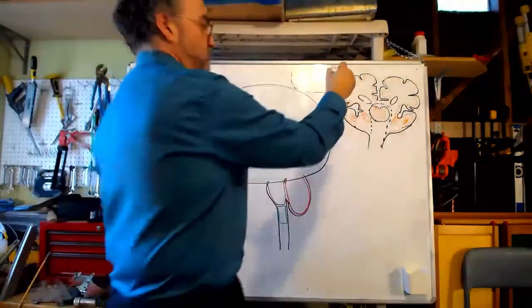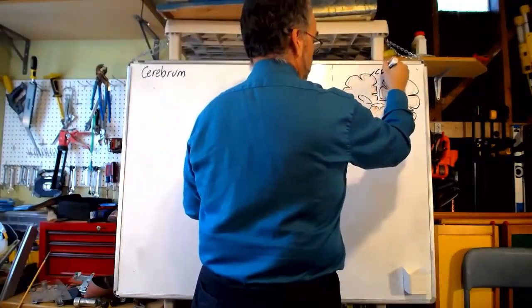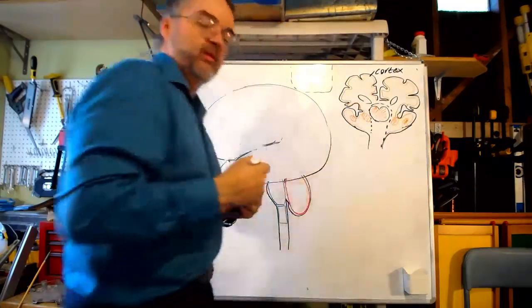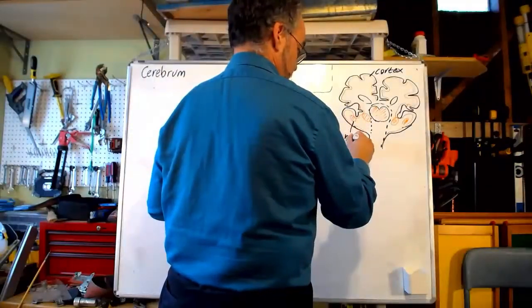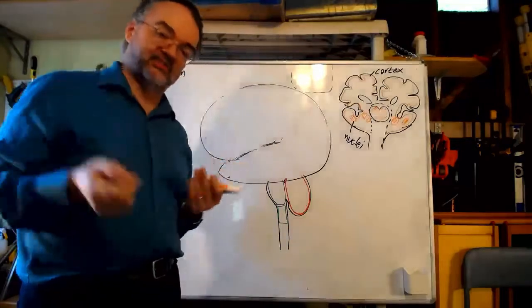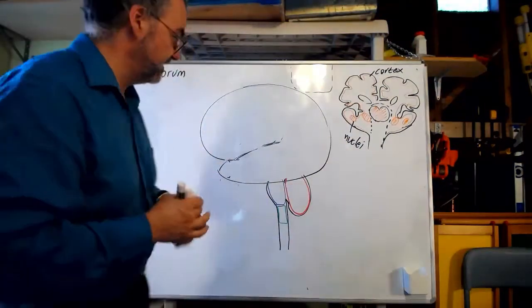So this outer layer is the cerebral cortex, whereas these other deeper areas we usually refer to as various kinds of nuclei. Different from atomic nuclei, nucleus is just the name for a cluster of cell bodies inside the central nervous system as opposed to out on its surface.